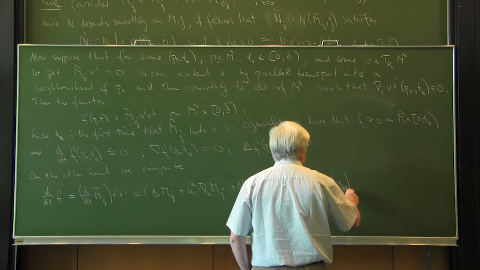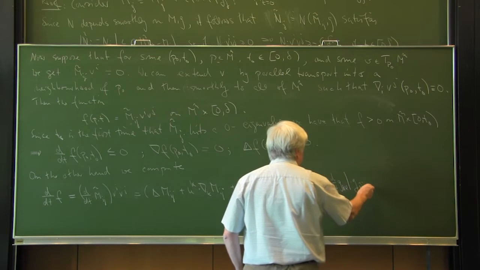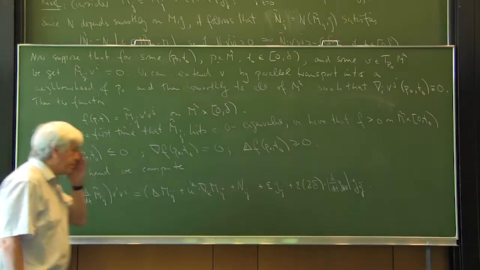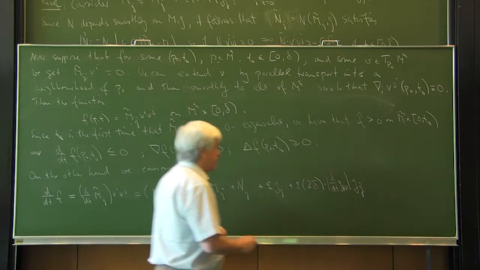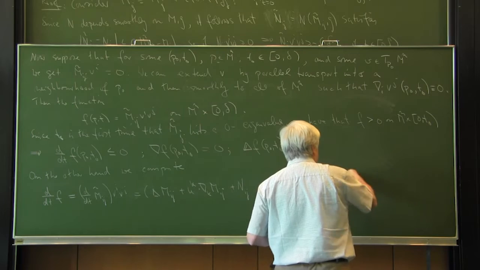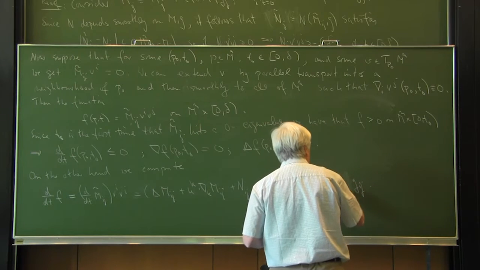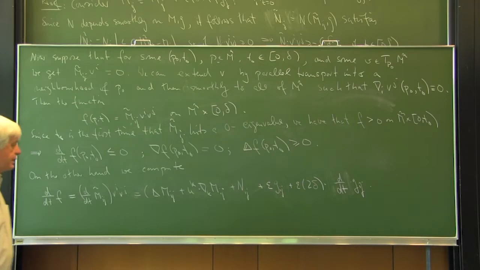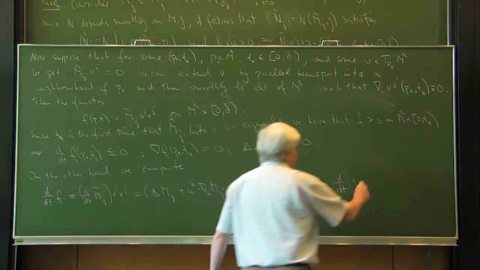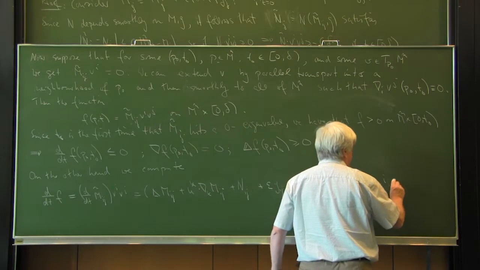Maybe write it like this, times Gij. And then let me just write it here like that. Let's recap: ddt times Gij, that's the evolution equation. We get multiplied times Vi Vj.